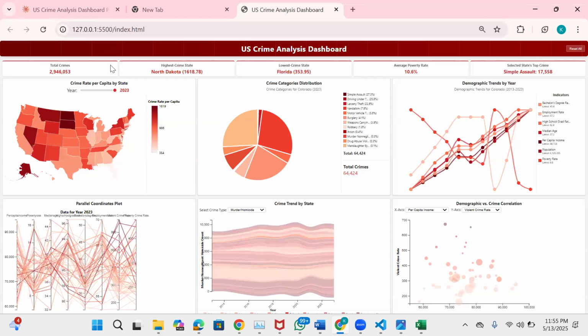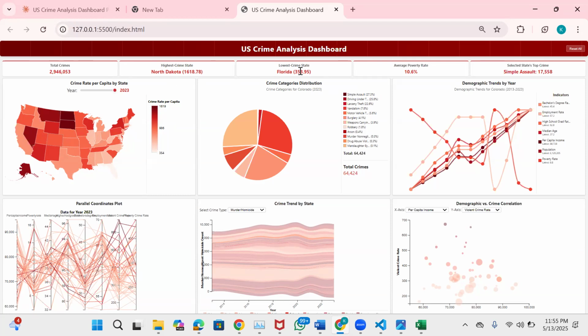Dashboard overview and KPI cards. At the top, five key performance indicator cards provide critical metrics. Total crimes, which show about 3 million nationwide in our selected year 23. Highest crime rate, North Dakota, about 1600 per capita. Lowest crime rate, Florida, which is 353 per capita.